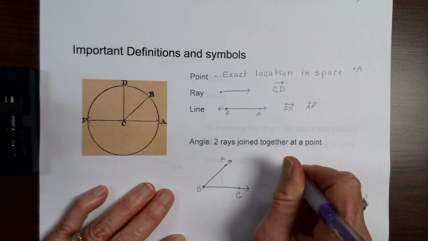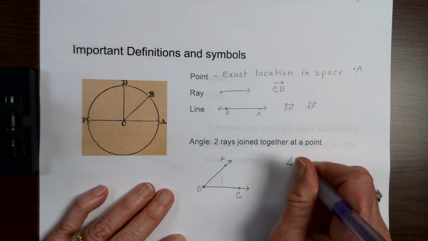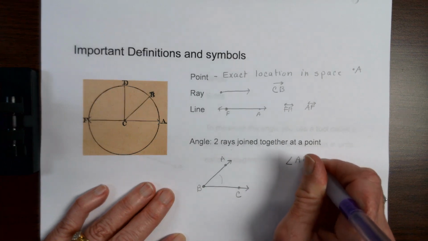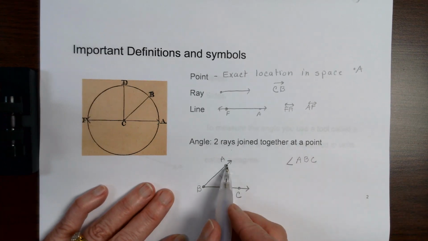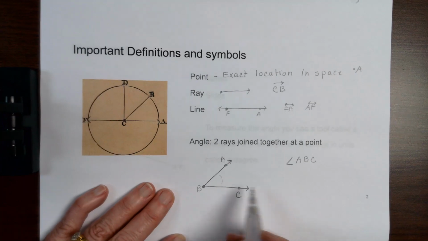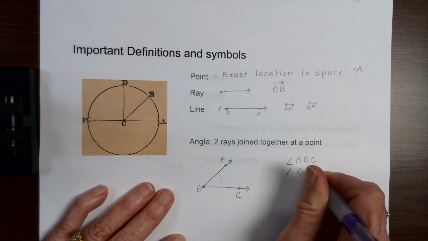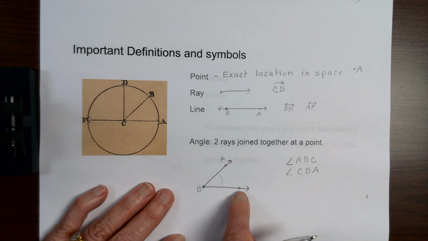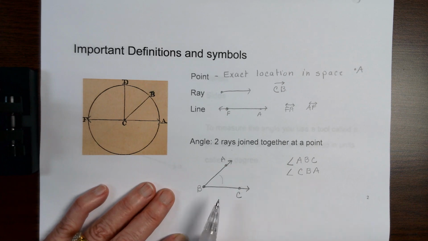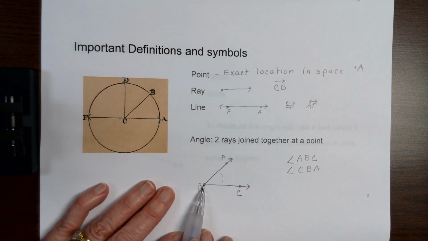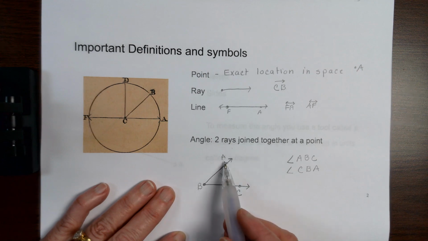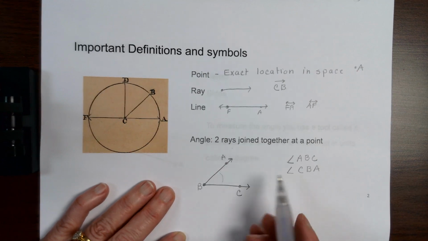I can say, and that's my symbol for angle, that this is angle ABC, or I can say this is angle CBA. I cannot start with this vertex and say BAC, because that would name a different angle.